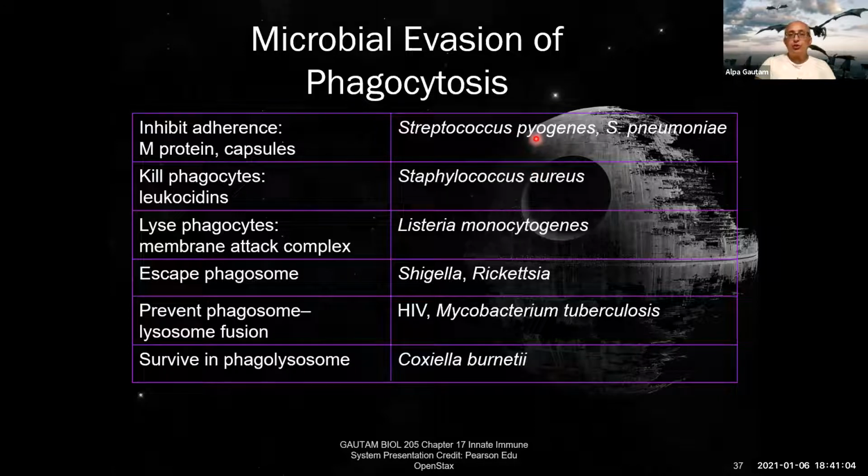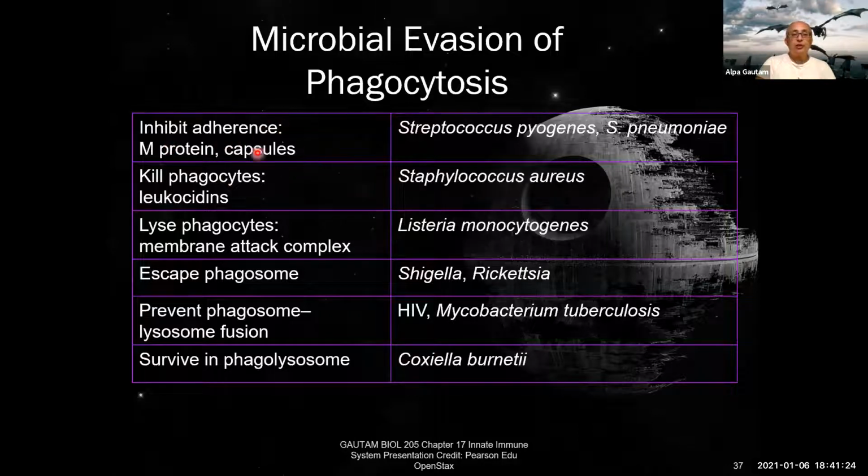Streptococcus pyogenes and Streptococcus pneumoniae, on their cell surfaces, have M proteins. M proteins make it difficult for our white blood cells, the phagocytes, to bind.